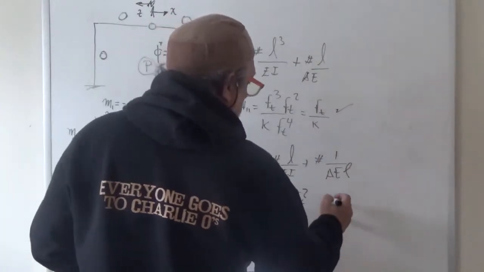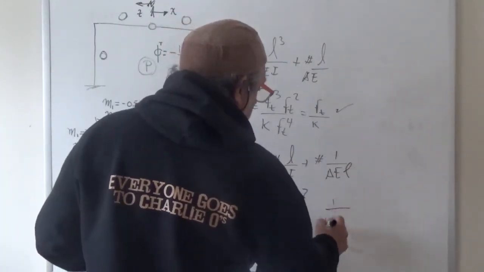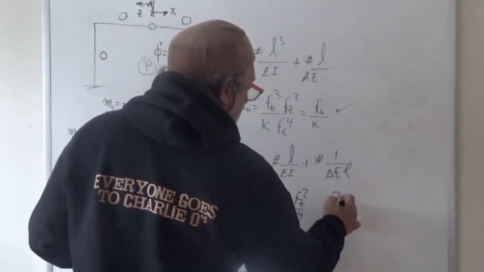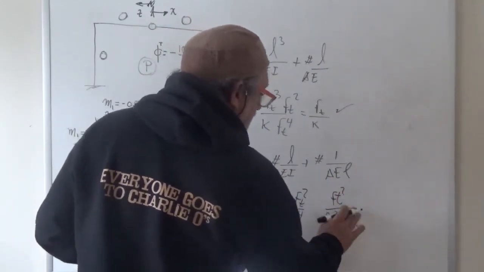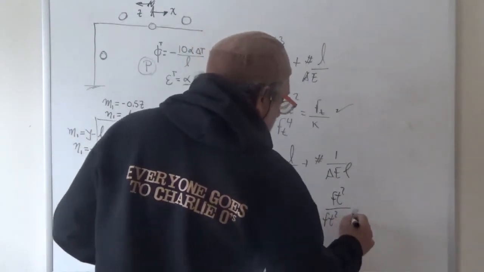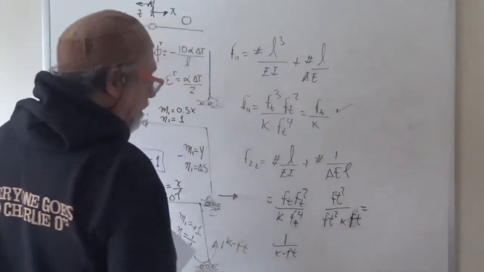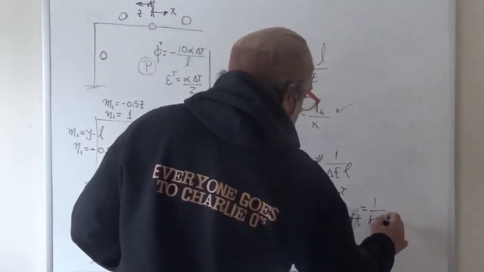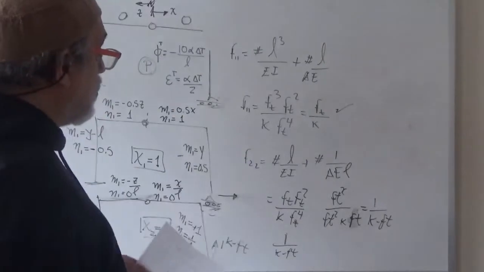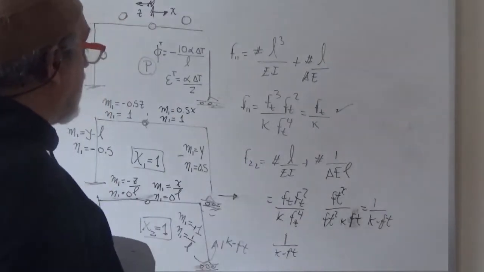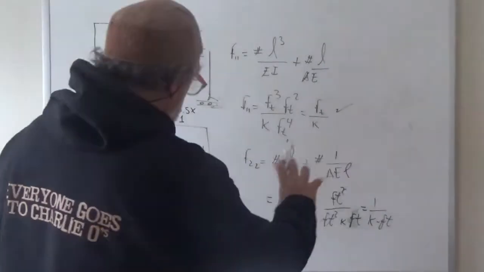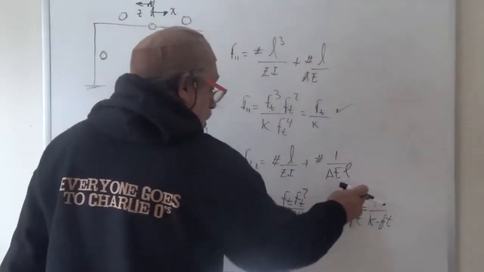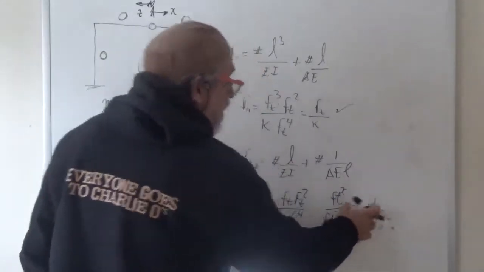And when we do this side, we get nothing divided by area, which is feet squared, and E, which is kips per square foot, and then length here, which is another feet. And so we get feet squared, or something over kip feet. So we find that the units of F22 is 1 over kip feet, and that's exactly right, because F22 is a rotation due to a unit moment. So it's a nothing, or a radian, divided by a moment, right?